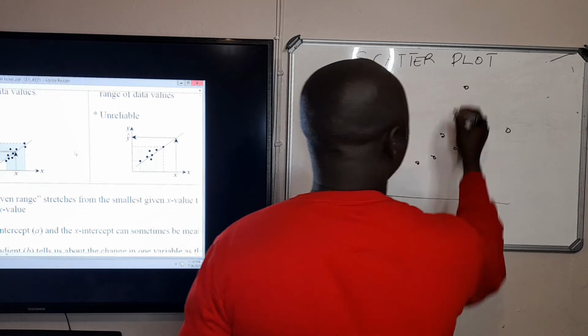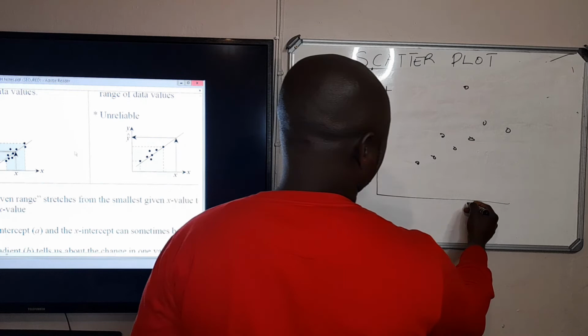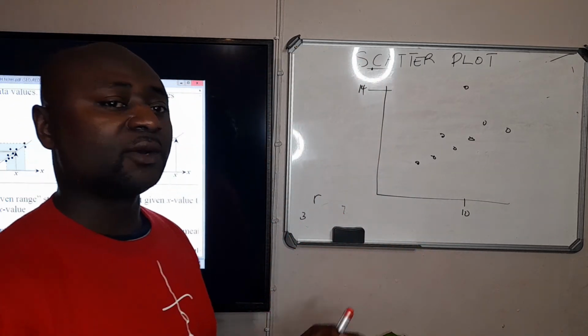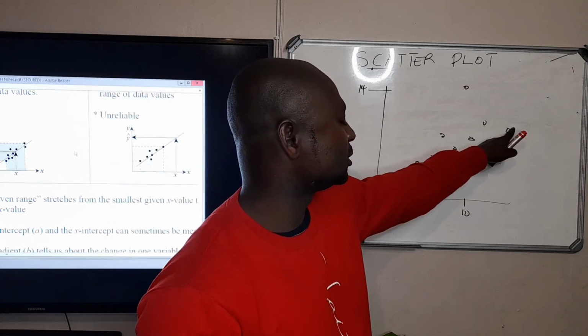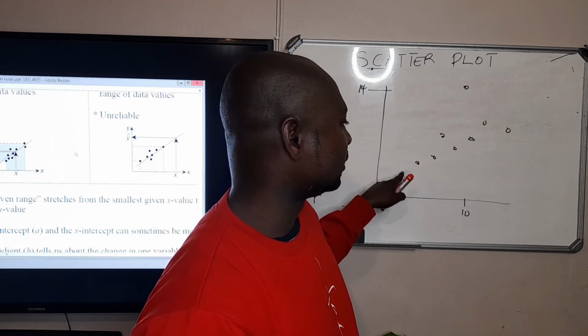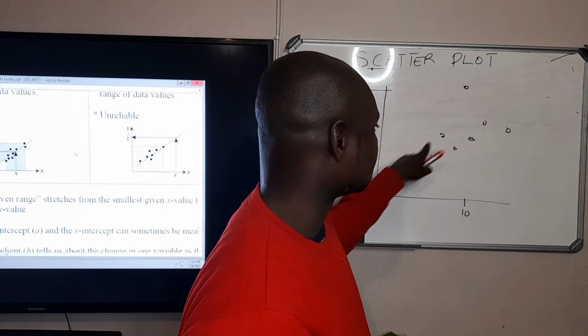And then there's another point here. So here, let's say the point here is 14 and the point here is 10. They want you to identify the outlier. Go straight. You can see all these points are clustered around the equation of the line of best fit. When you draw your line of best fit, it will come around this point inside here.